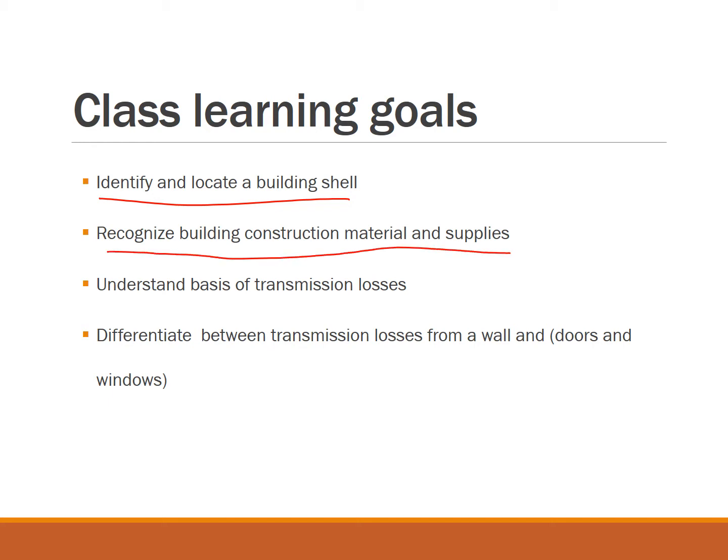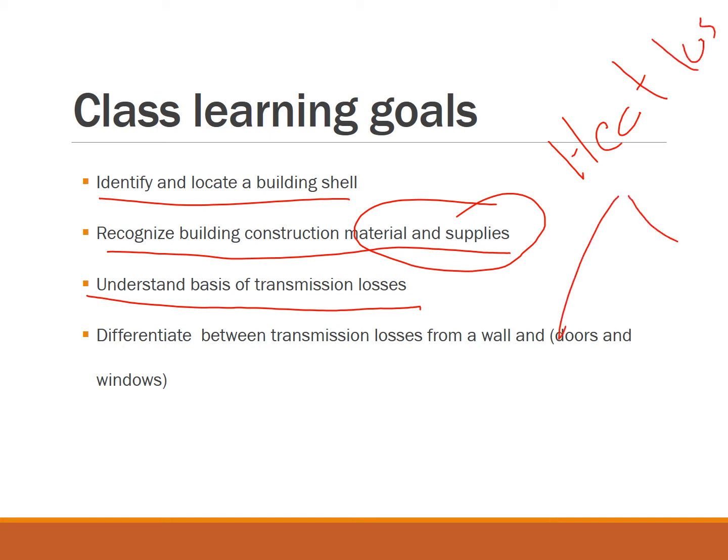Recognizing the construction material and supplies, which is very vital to heating and cooling applications. We also will talk about the basis of transmission losses. So there are two types of heat loss that I want you to remember, please.